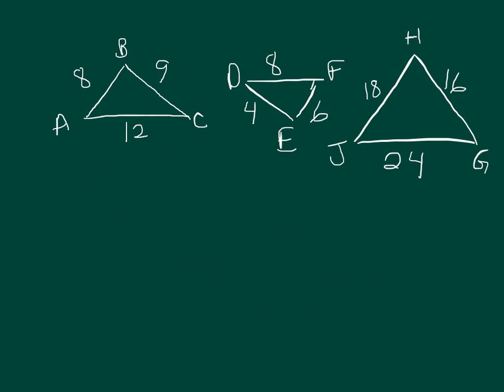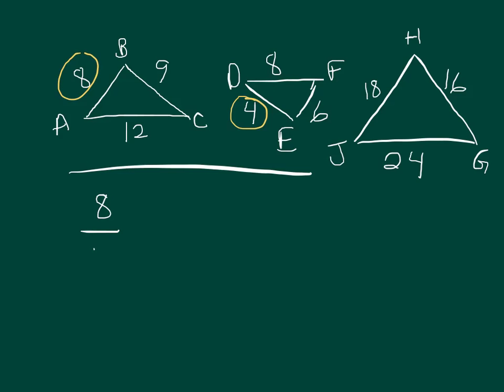So let's look for the smallest side in each triangle. Remember, the smallest side is across from the smallest angle if they were drawn in proportion or right. So we just need to look for the smallest side. So let's look at these two triangles first. So 8, which is the smallest side over here. Now I need to find the smallest side over here, which is 4.